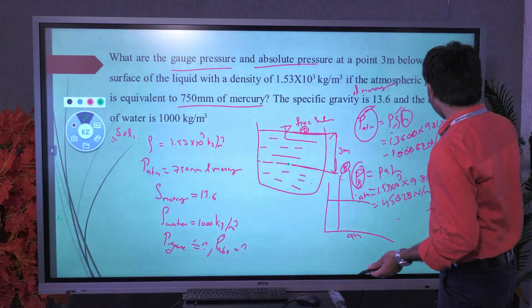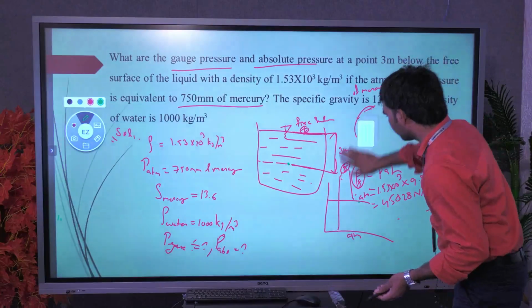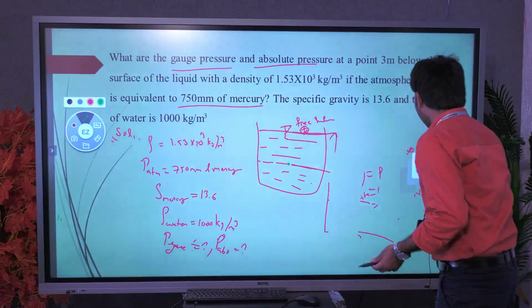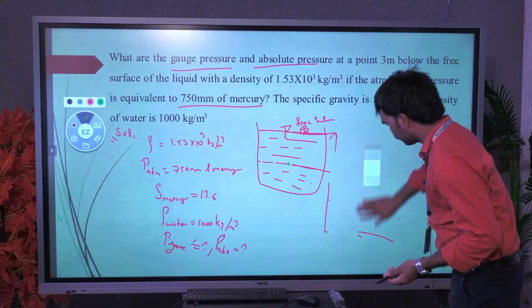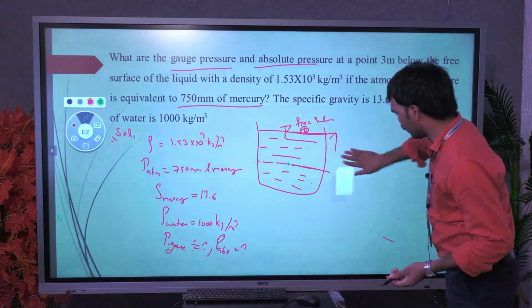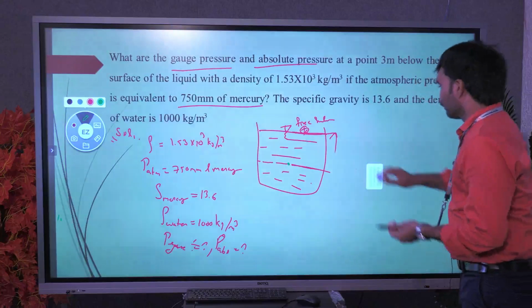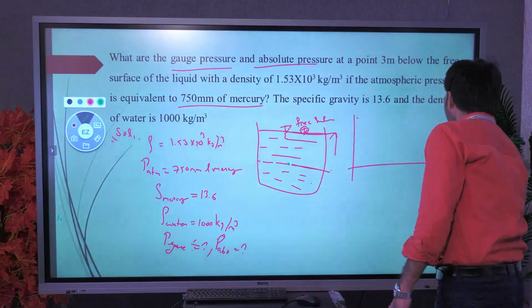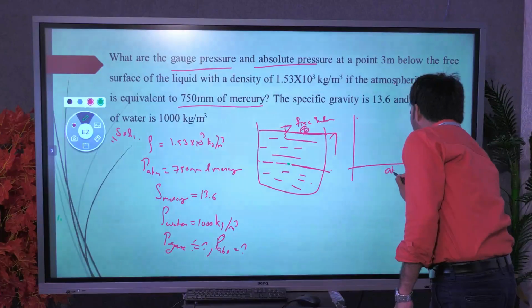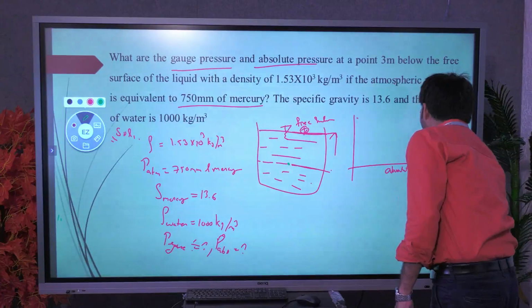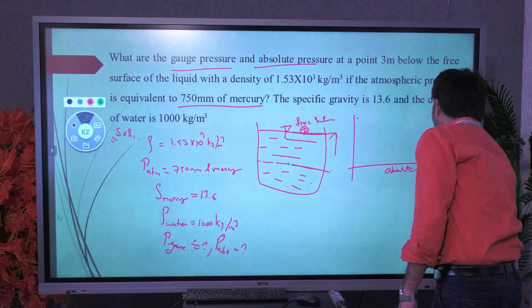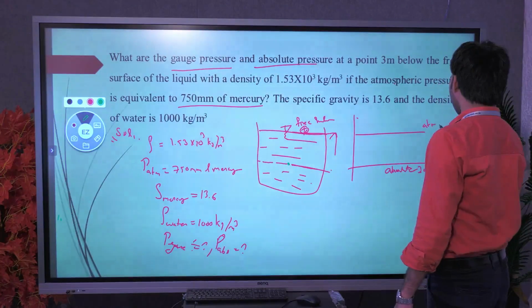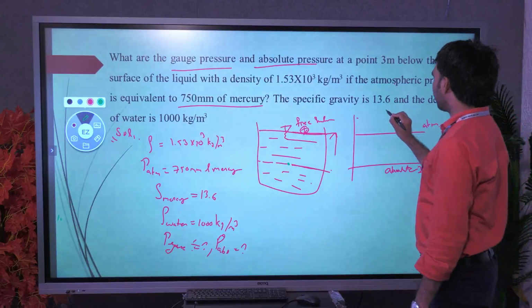That I will calculate again. Again I will tell you, see, this is absolute 0. So this is the atmospheric pressure. What is the gauge pressure?